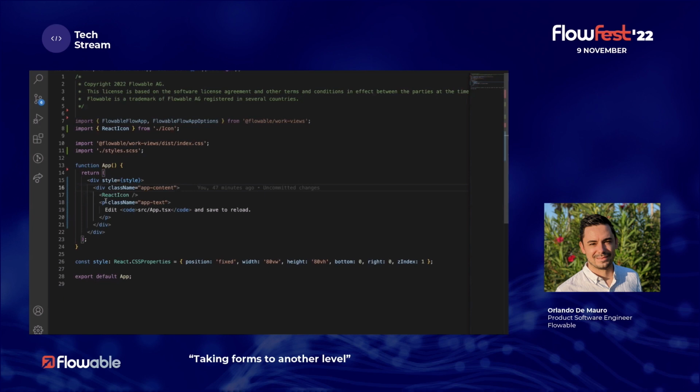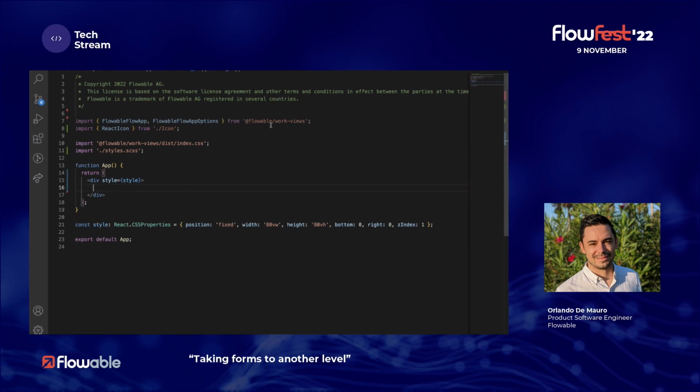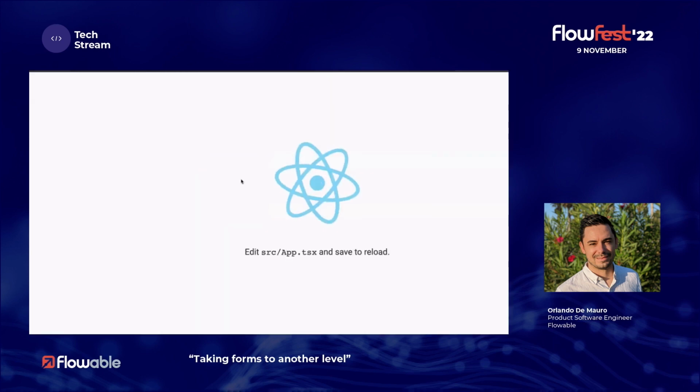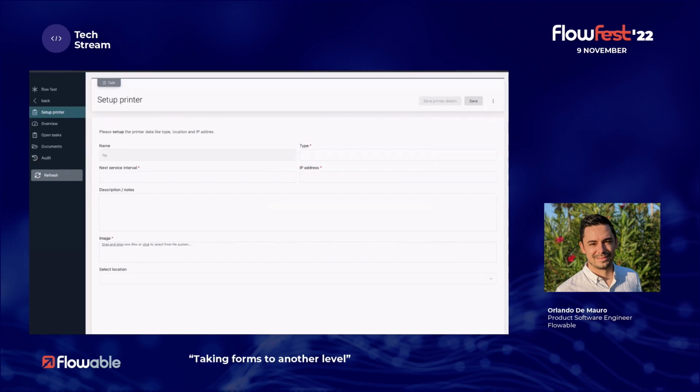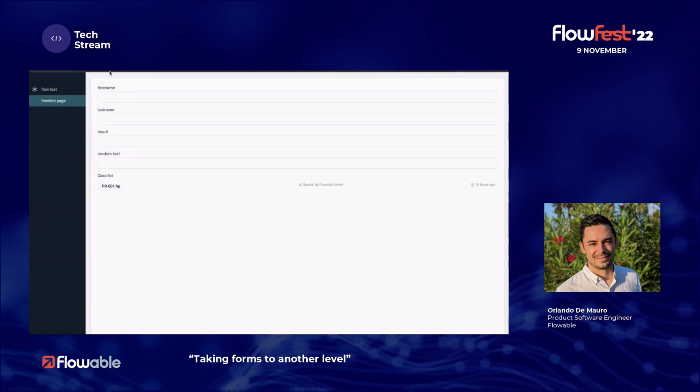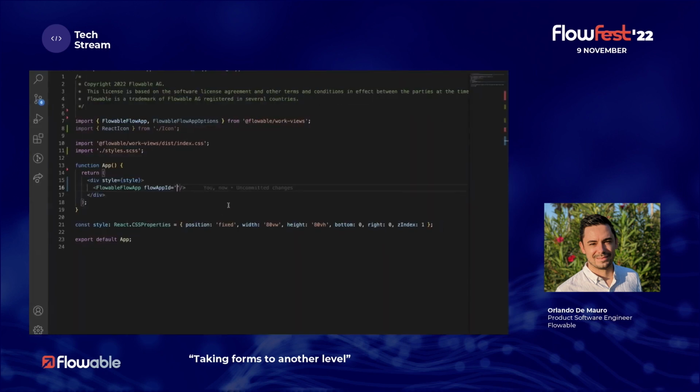If I remove it, I can use one of our packages that is called, for example, Flowable Work Views, and I can use the Flow App component to render an embedded version of our Flow App view. To do it, I need to add an ID. So let's copy the ID from here. If I go back, this is the ID of my Flow App. And I save it here.